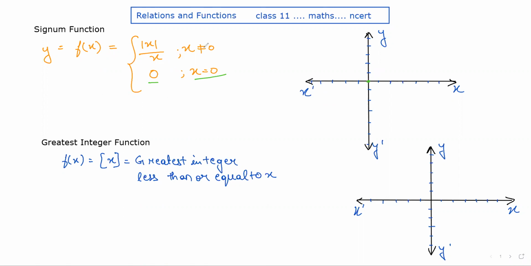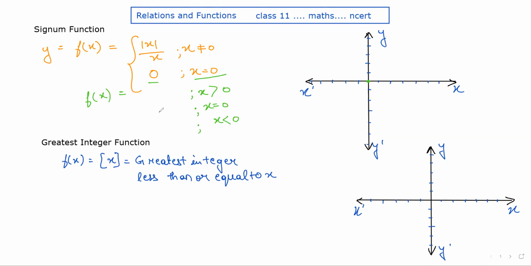Let's see what values of f(x) we get if we place positive values and later negative values. So for x greater than 0, x equal to 0 and x less than 0, three conditions, three different regions or intervals.